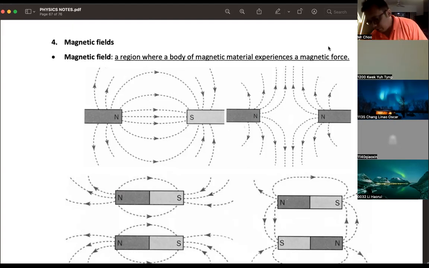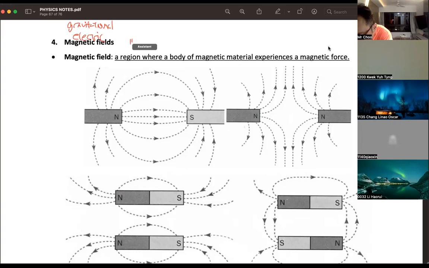Okay, so we have learned gravitational field. We have learned electric field. Electric field is the same thing: a region where a body, in this case the electrical charge, experiences an electrical force.